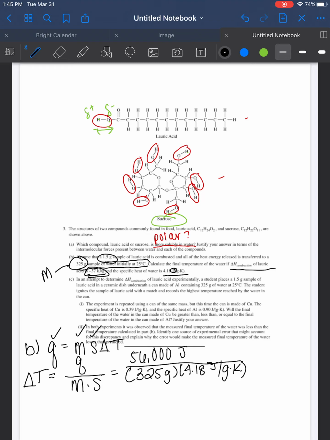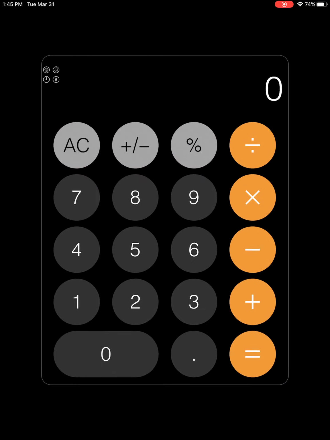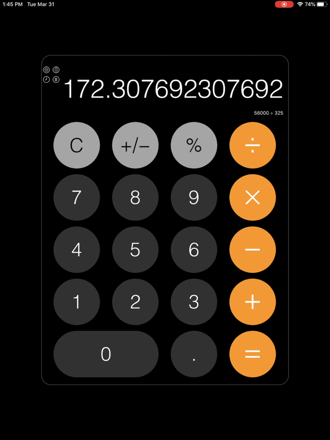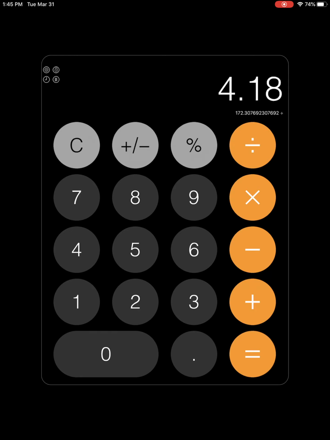Okay, so then let's solve this. So 56,000 divided by 325 times 4.18. I'm going to do this a little bit differently since I only have this calculator. But 56,000 divided by 325 divided by 4.18.